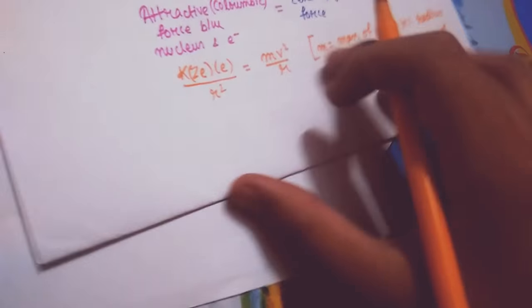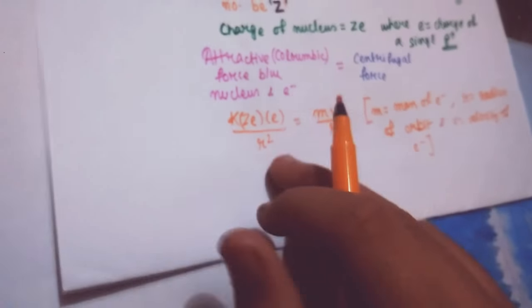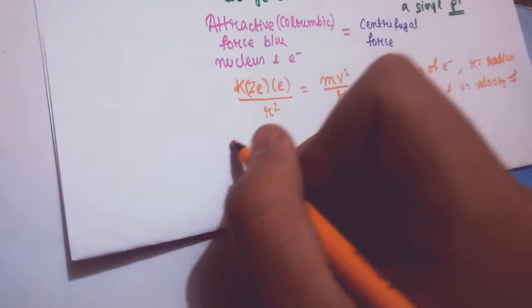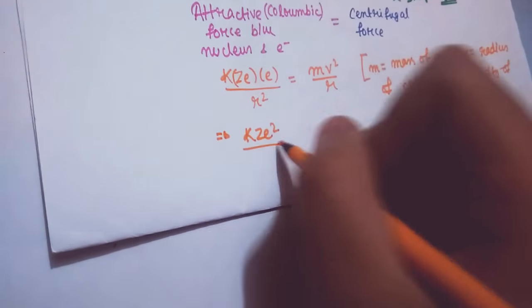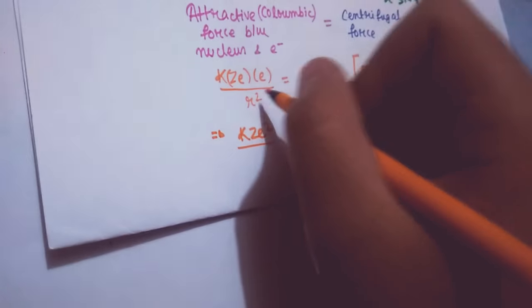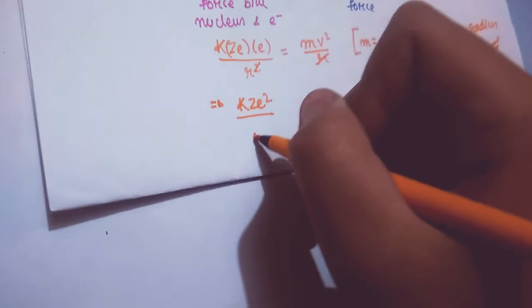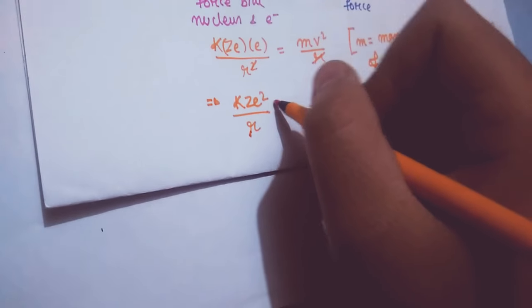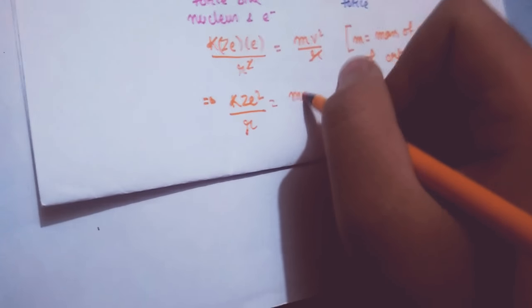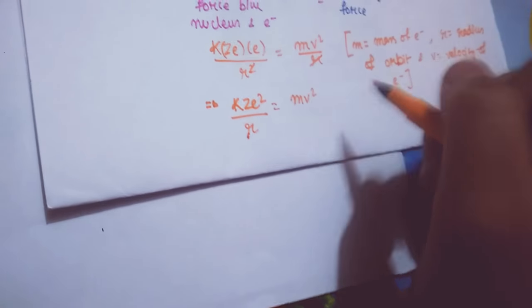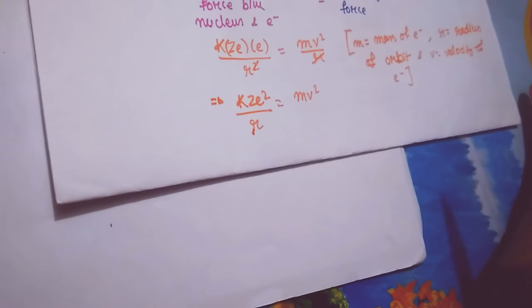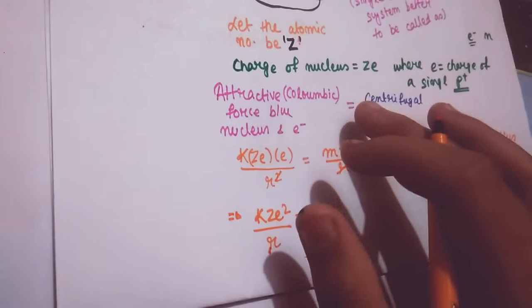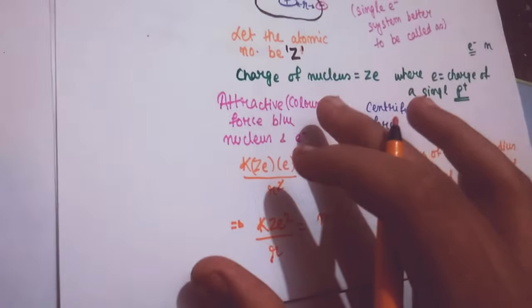Now, mv squared by r, so what we get as our final equation is kZe squared divided by r squared equals mv squared by r. From here r will get cancelled, so kZe squared divided by r is equal to mv squared.